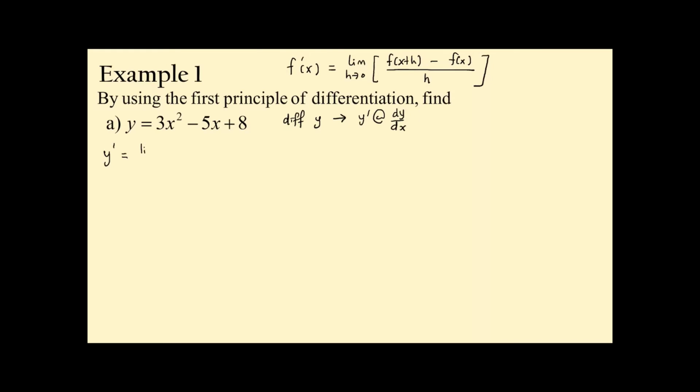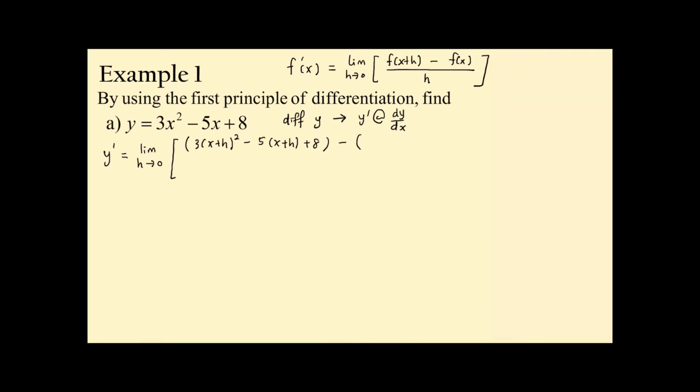Both are correct. Here I use a y prime, so y prime would be equal to limit of h approaches 0 of, first one is f of x plus h, so every single x you change into x plus h. Now we will have 3 of x plus h squared minus 5 of x plus h plus 8.